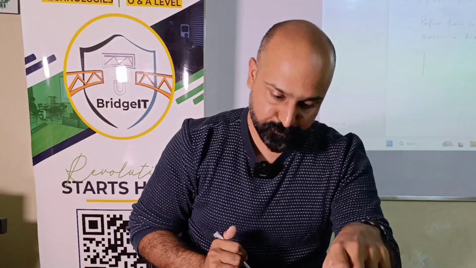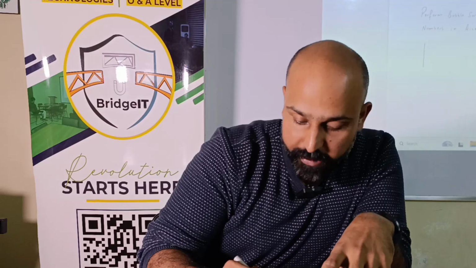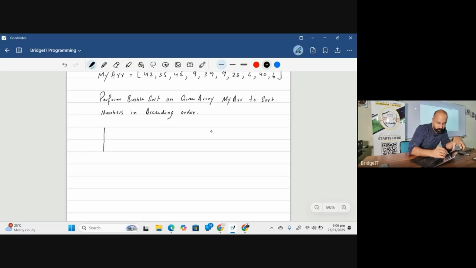Let's start doing it. So you need a conditional loop. I'm going to use while; you can use repeat until. Sometimes you can also use for, but that is a non-efficient bubble sort algorithm. While swap is equal to true.